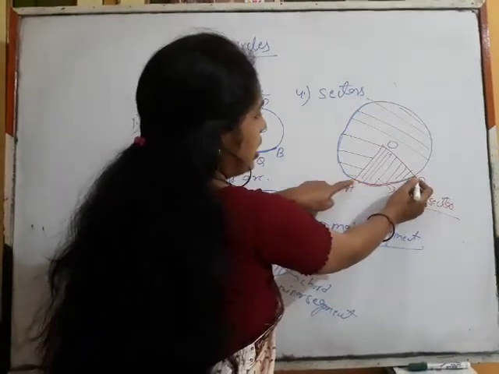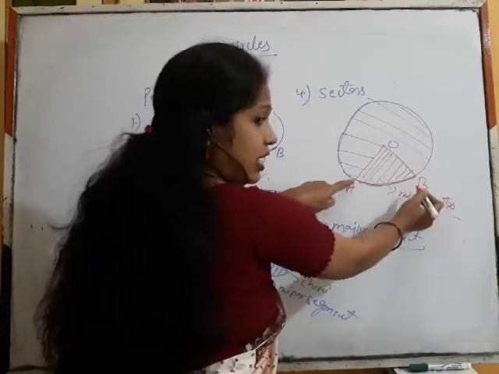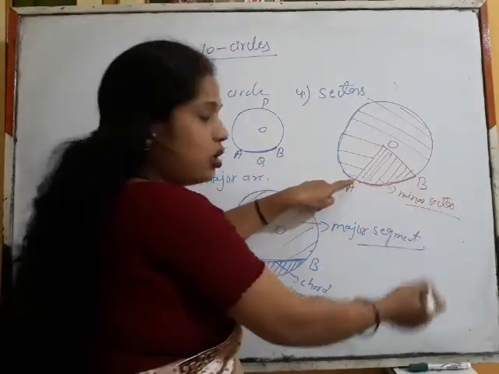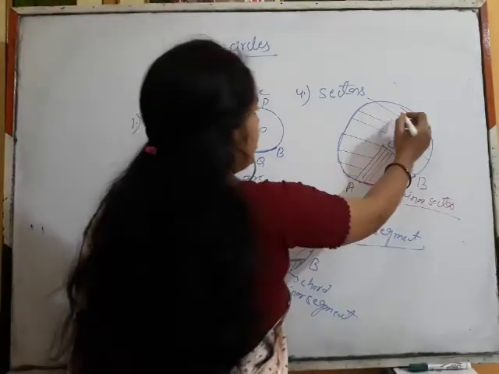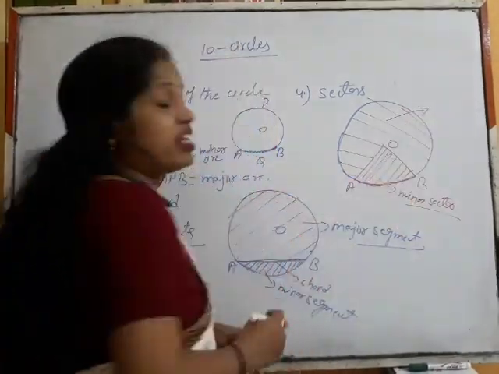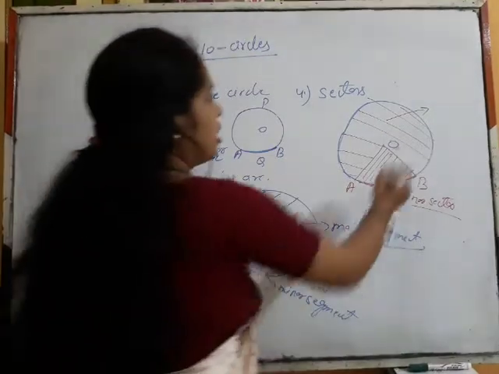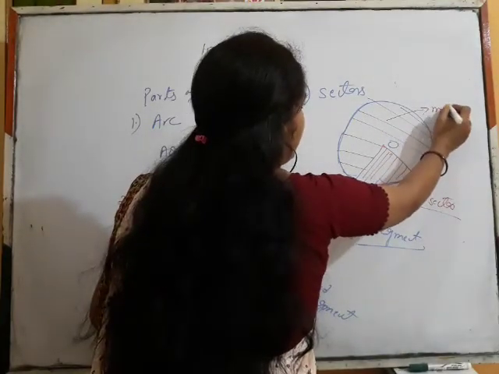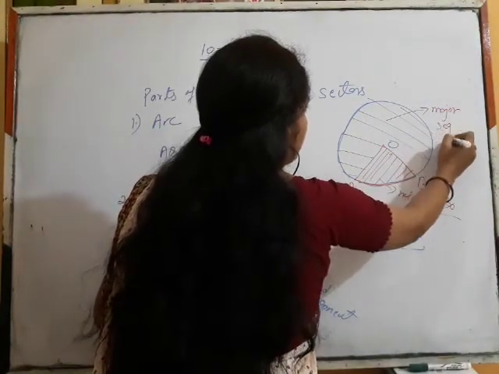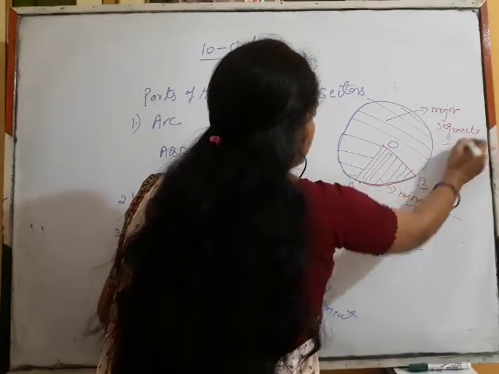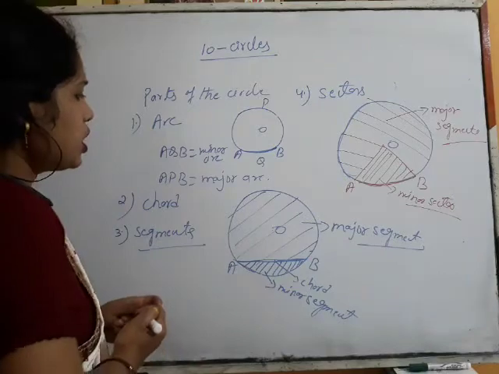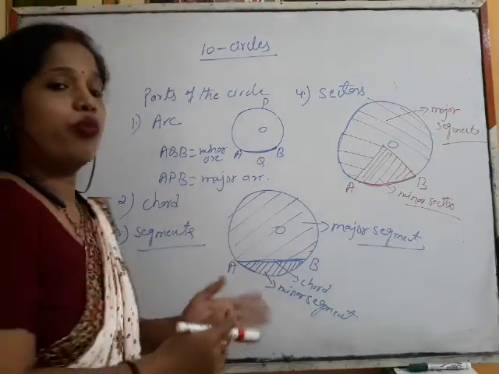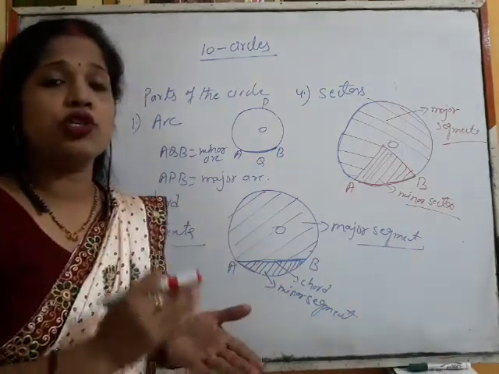These 2 points are the end points of the minor arc and also the major arc, so these 2 points are also joined at the center. This area with reference to the major arc is the major sector.